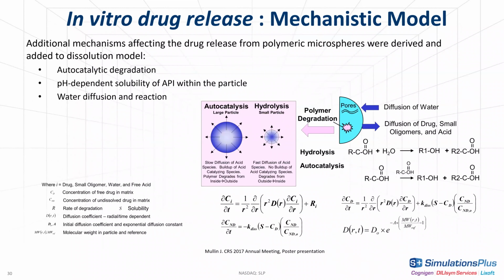For a very large particle, the acid which comes from the PLGA degradation builds up inside the sphere, and actually the degradation starts from the inside. Whereas for a smaller particle, the diffusion of the acid is faster, and there's no buildup of acid, and so it degrades from the outside towards the inside.